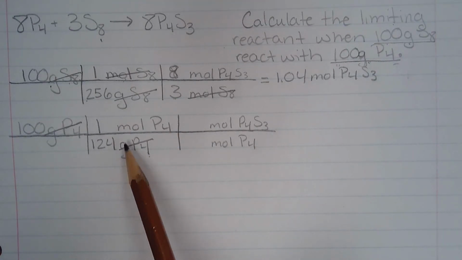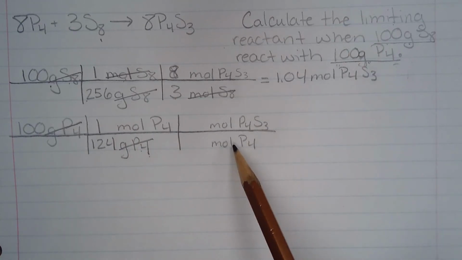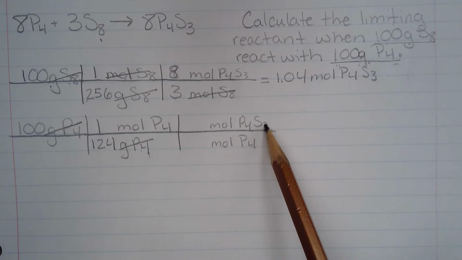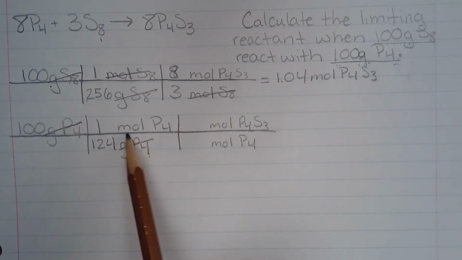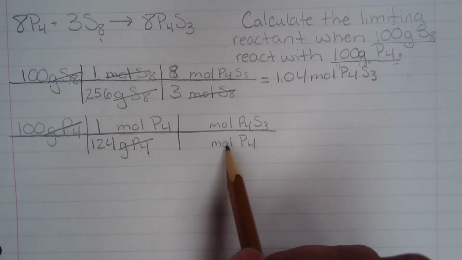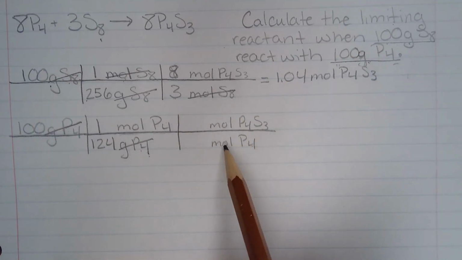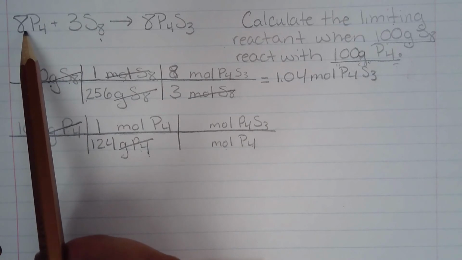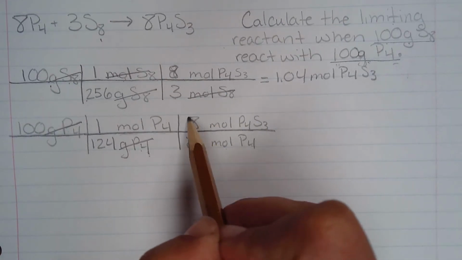Here we went from grams to moles and we kept P4 constant. We went from P4 to P4S3, we kept moles constant. It's essential that one of these things, either your units or your chemical, is kept constant when you're doing dimensional analysis. So if we look at our balanced chemical equation for our mole ratio, the coefficient for P4 is 8 and for P4S3 is also 8.